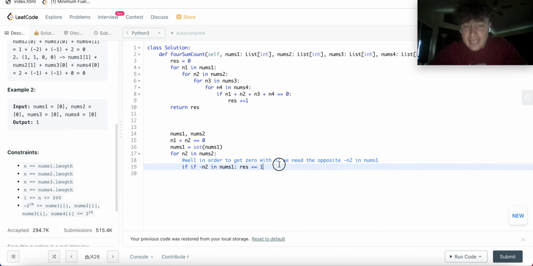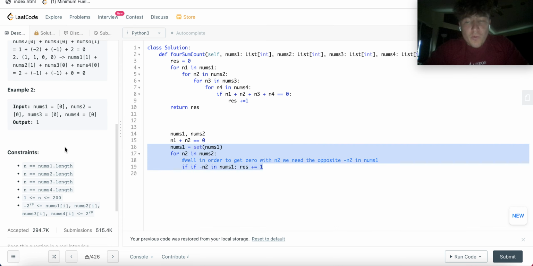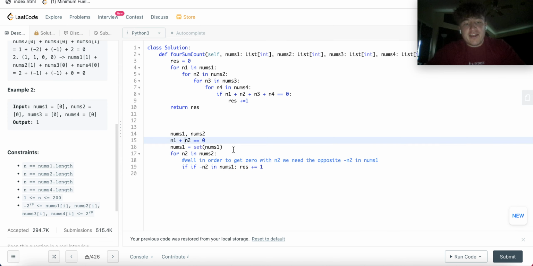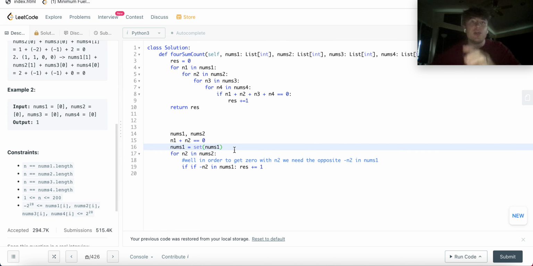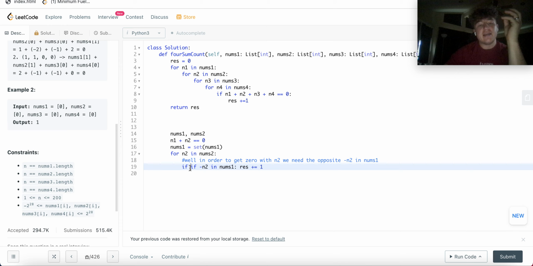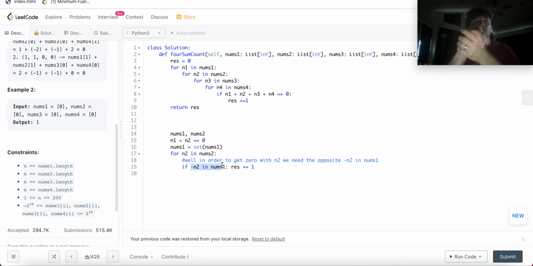So when we're looking at this, what we basically did is, well, we thought of it in terms of n1 and n2, and then we modified this equation to say, okay, what does that mean in comparison to the two numbers? And then I thought, well, that means I don't really need to look at all of the n1s and compare it to each of the n2s. For each n2, I just need to see if its counterpart exists in nums1.